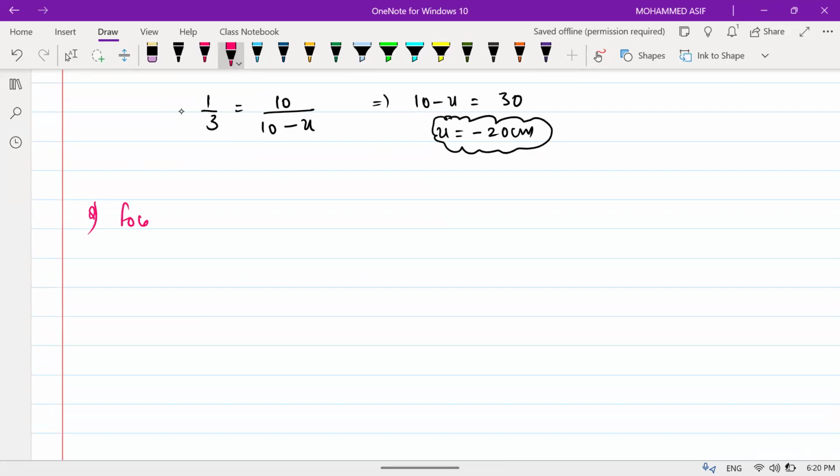Focal length of concave mirror. This is concave mirror, so focal length is negative. Concave mirror focal length is 10 centimeter.